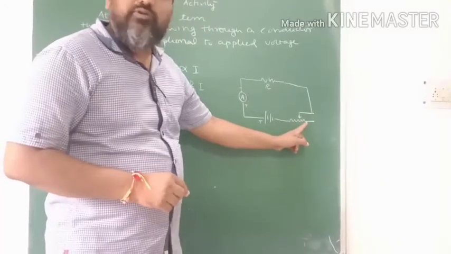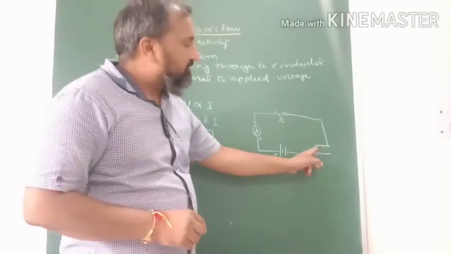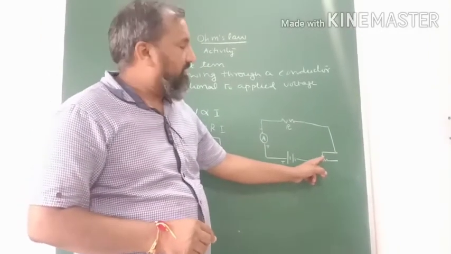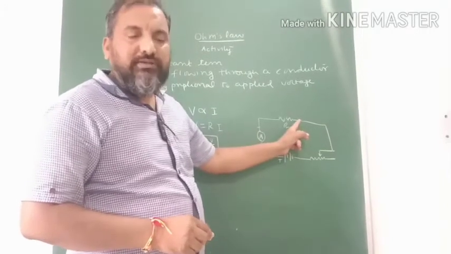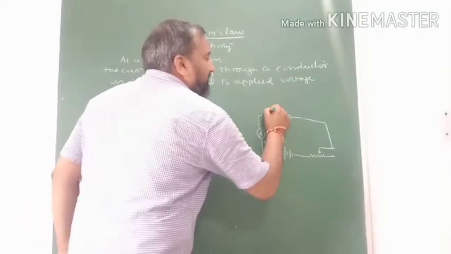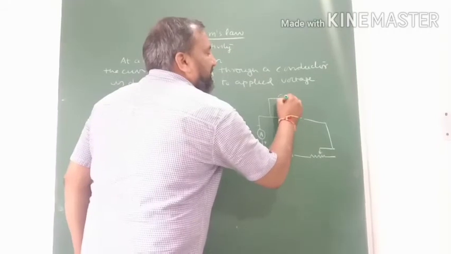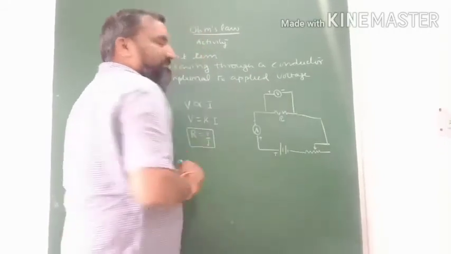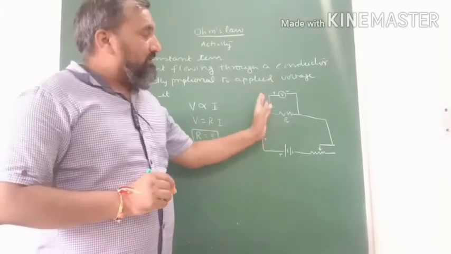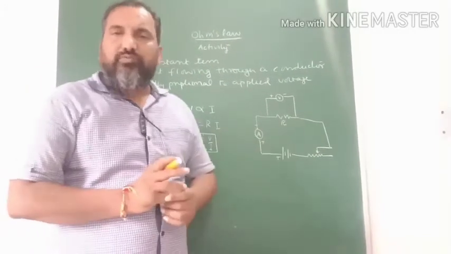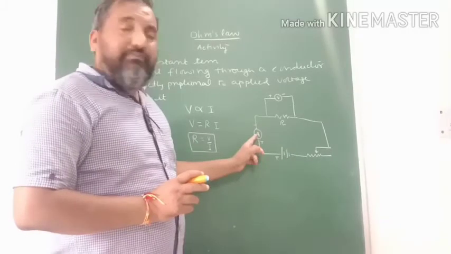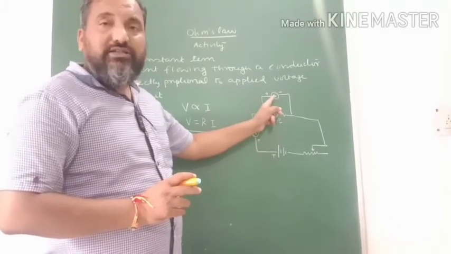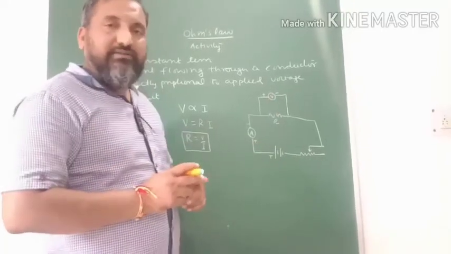This is fixed and this is variable, connected to the load resistance. Then across this we will connect a voltmeter, positive and negative. So this is a closed circuit of Ohm's law. The ammeter will measure the current, the voltmeter will measure the potential.